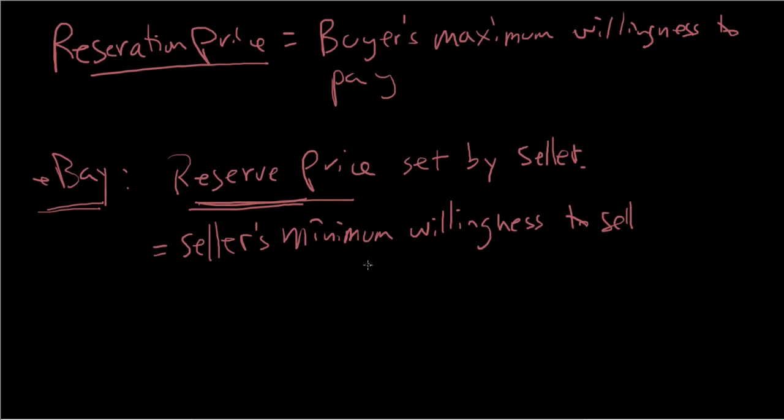So if the highest bid price was lower than this reserve price, the seller is not obligated to sell the item that he wants to sell. So this is a reserve price. It's the seller's minimum willingness to sell. Reservation price here is the buyer's maximum willingness to pay for the good, right?